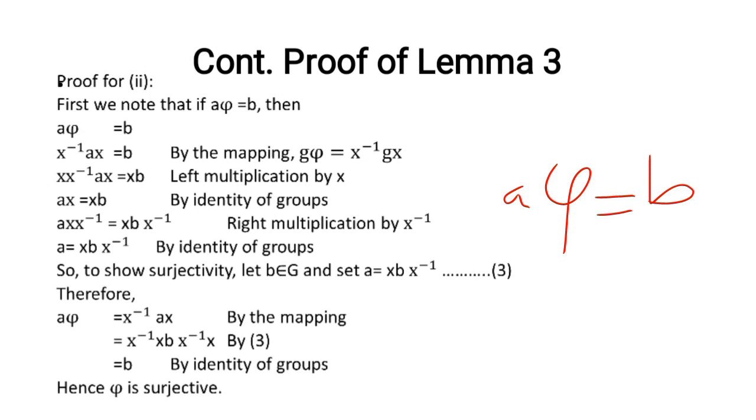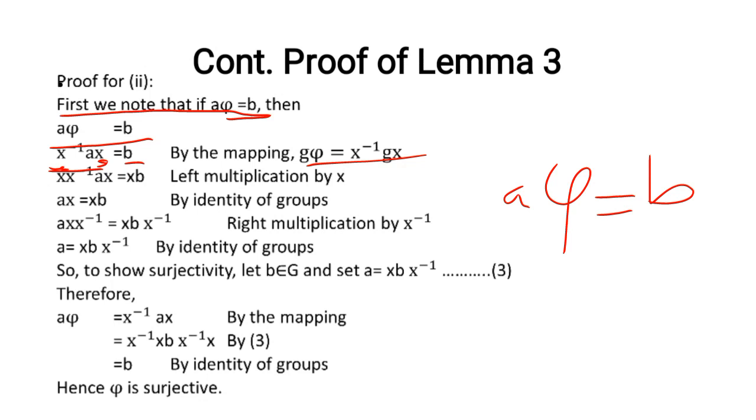So see what we do. First we know that this A phi is B. So if A phi is B, we know what happens when phi acts on A. Is that not so? It'll put x inverse in front of it and x behind it, right? And this will be equal to B, simply by the rule, okay? I want to get B, right? That's my target. So how do I get B in such a way that I get A, better still?